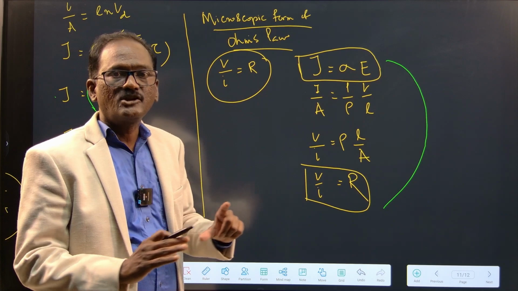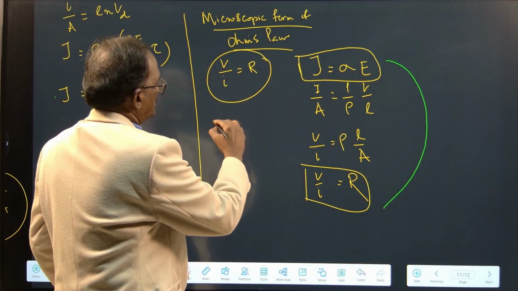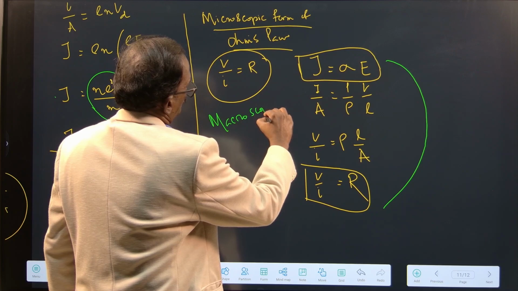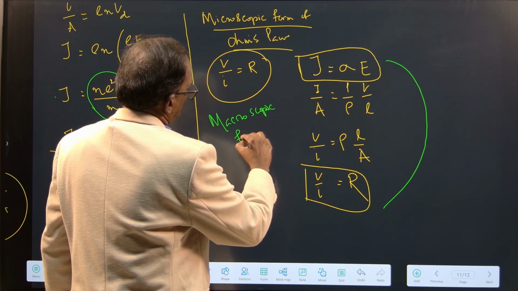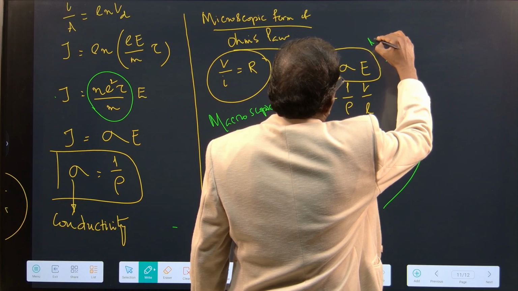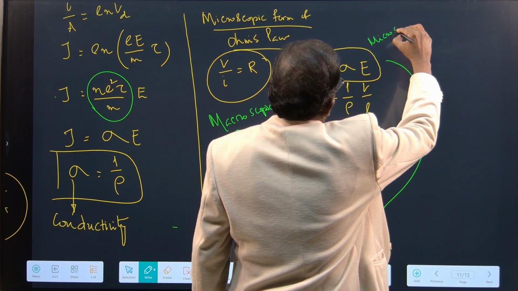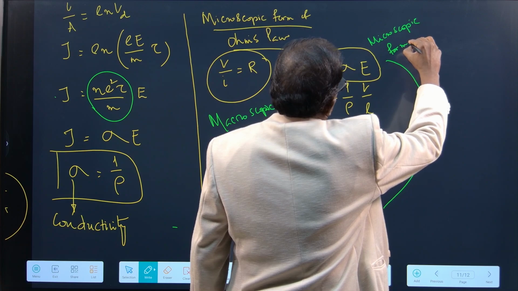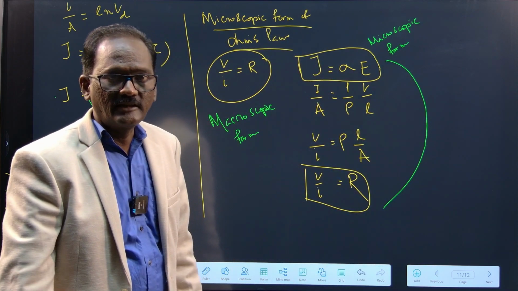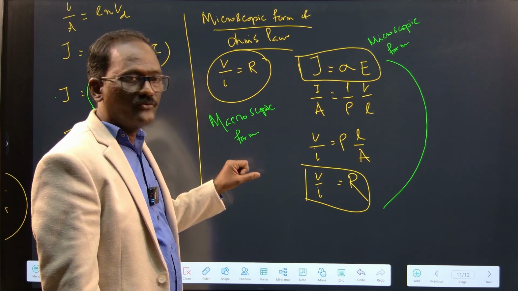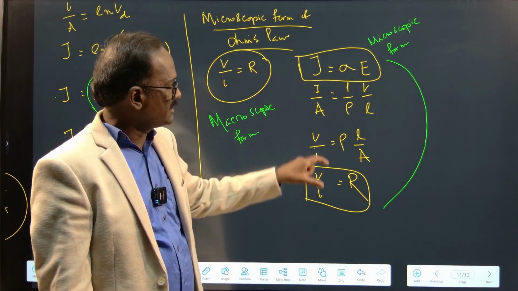This is the macroscopic form, and this is the microscopic form. Ohm's law we can write in two ways. V by I is equal to R, macroscopic form. Both are equivalent.